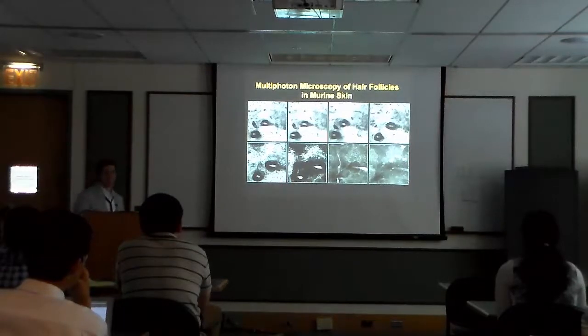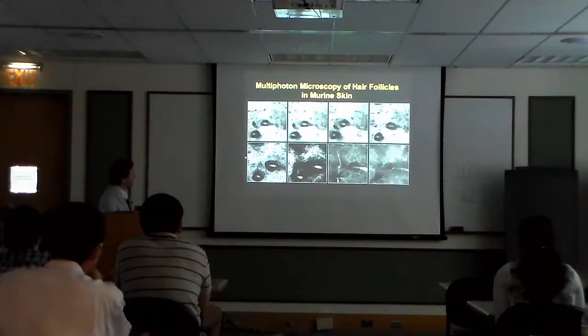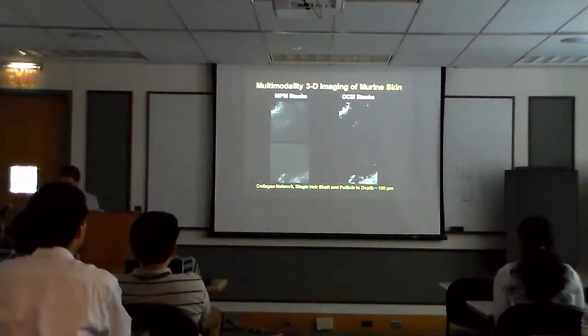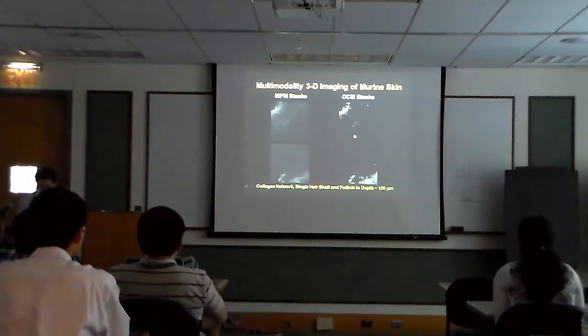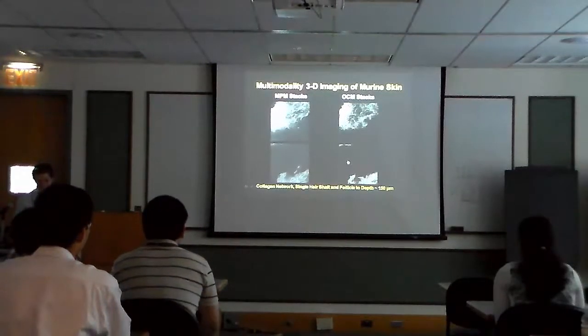Well, here's just some examples. So we're starting with mouse skin. This is multiphoton, primarily SHG, that what we're looking at is the collagen structures at different depths. And these are individual hair follicles. And we actually have some videos that show the co-registered multiphoton and the OCM, or OCT.